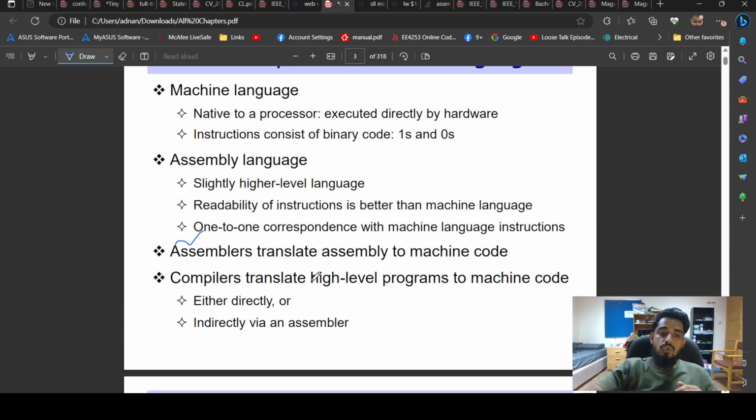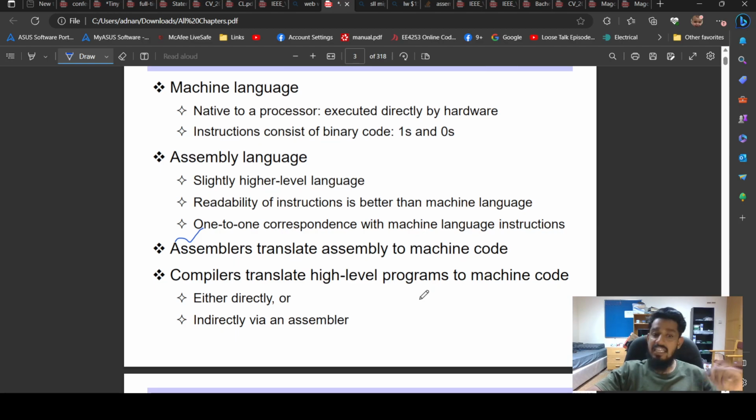The compilers translate high level language toward low level language, from our high level language toward the machine level language. This is the work of the compiler. A compiler translates a high level program to machine code, either directly, as I told you, or via the assembler.